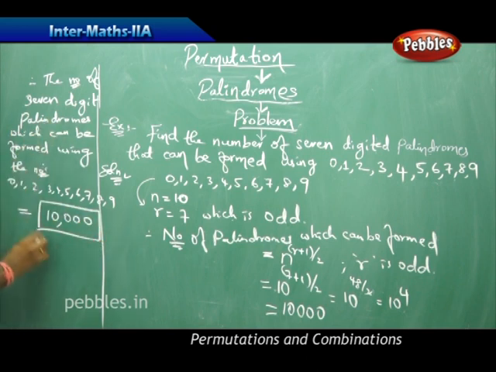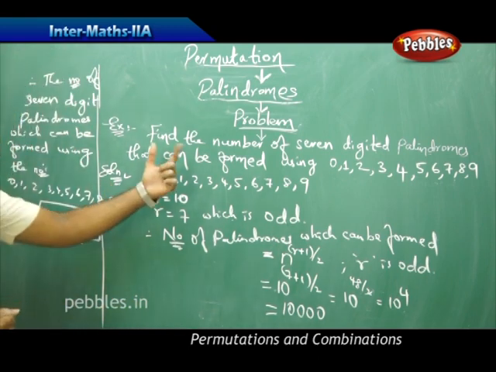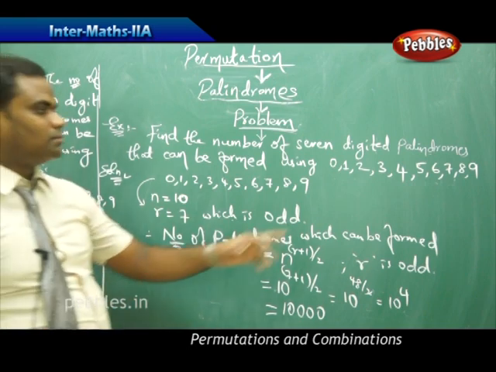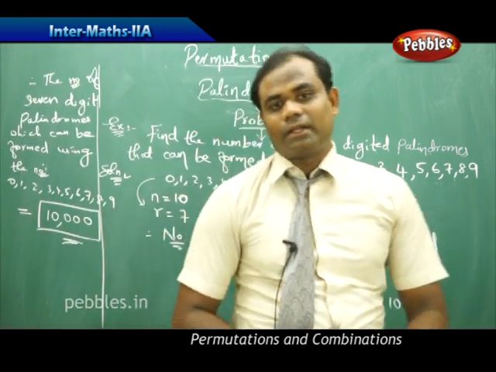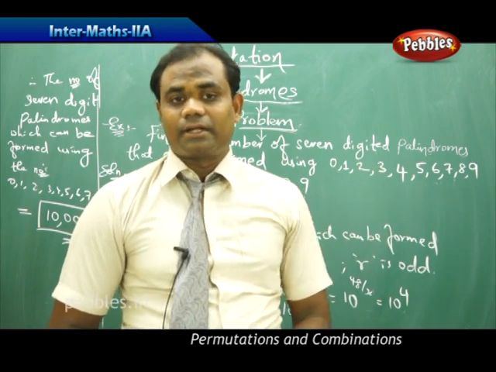There are totally 10,000 different palindromes of 7-digit numbers which can be formed using these numbers. This is how we understand the number of palindromes as connected through permutations.